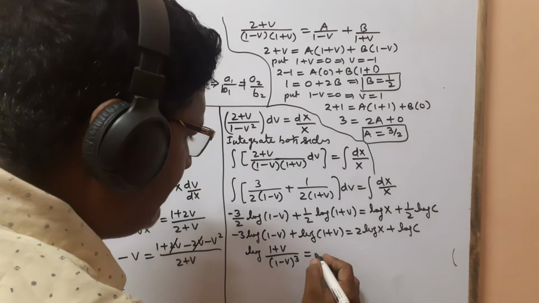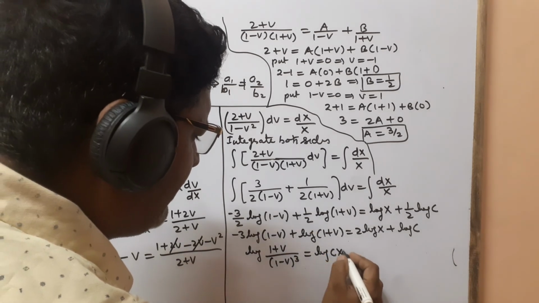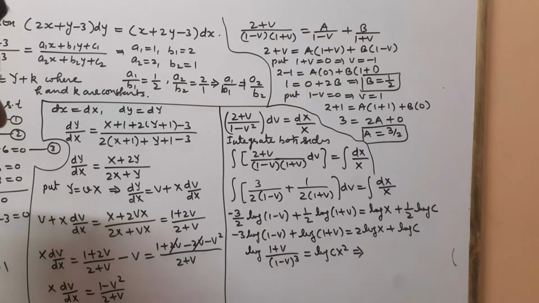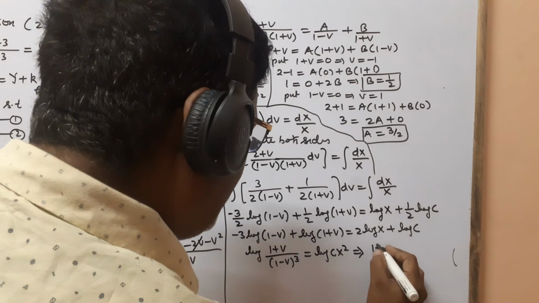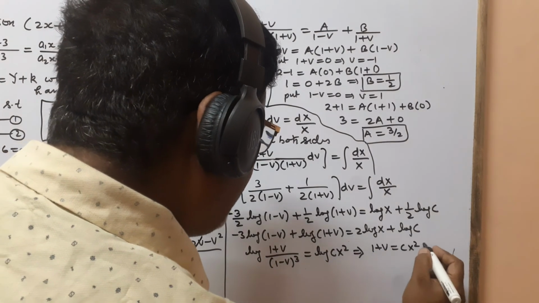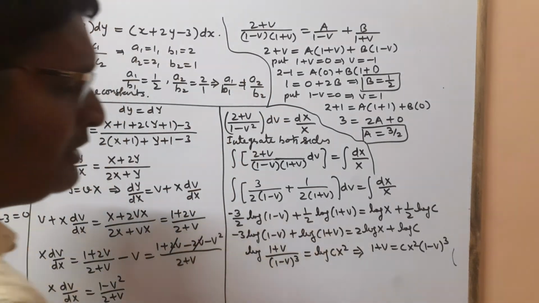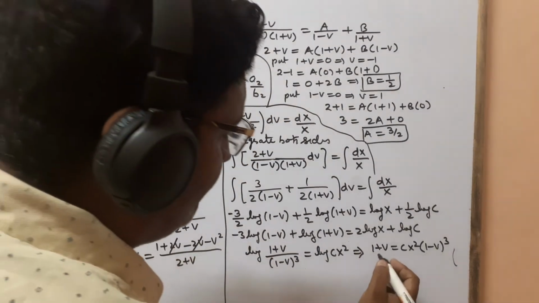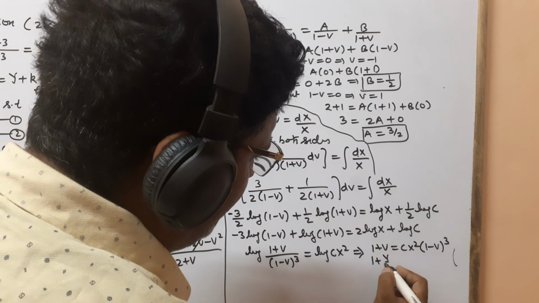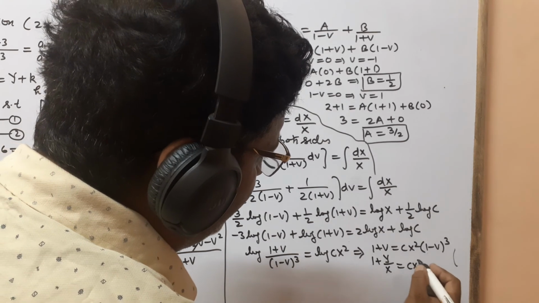On the right hand side we write cx². So this can be written as 1 + v is equal to cx² multiplied by (1 − v) whole cube.